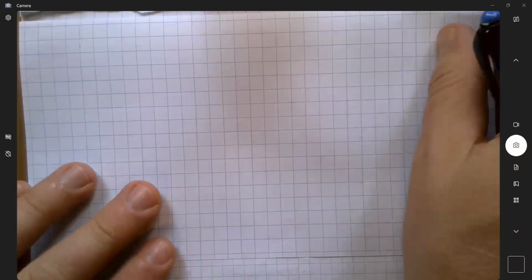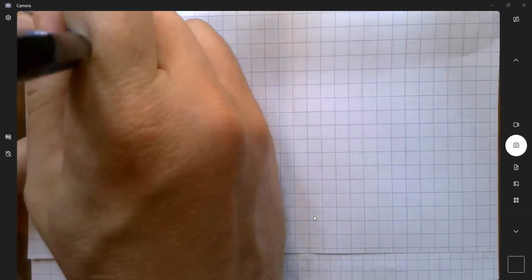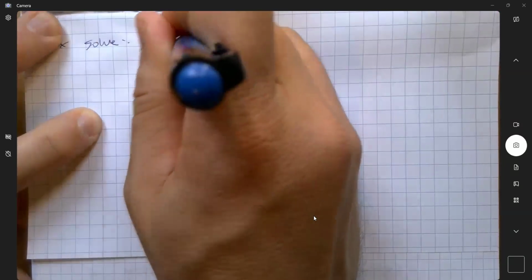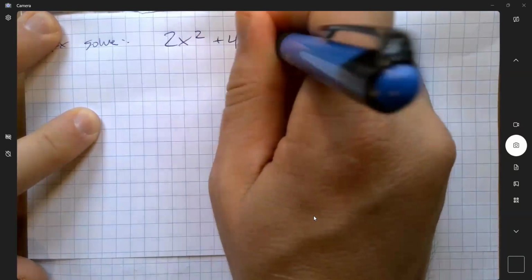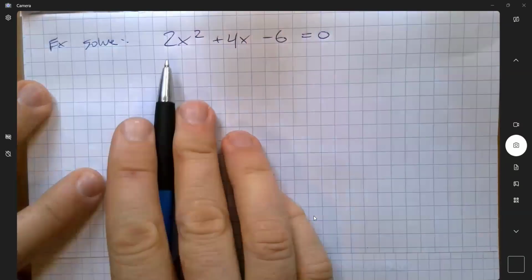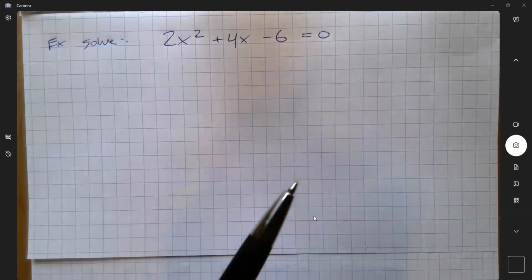So now let's look at another extension. What if you have a quadratic equation that is not factored and it doesn't have a nice simple x squared?